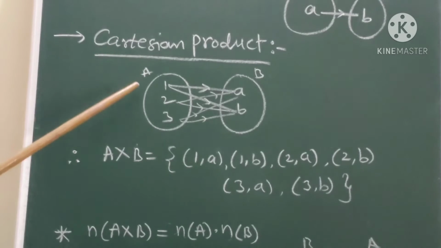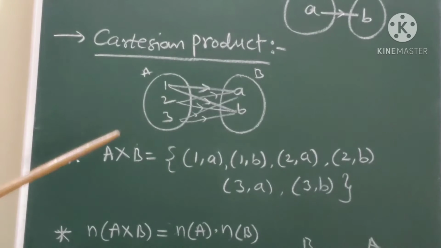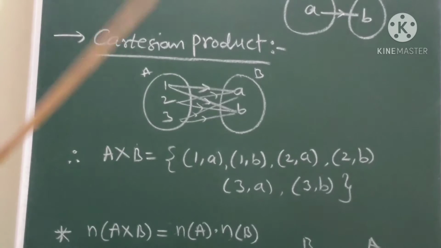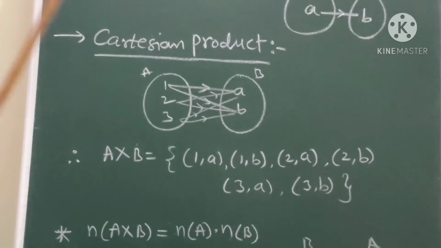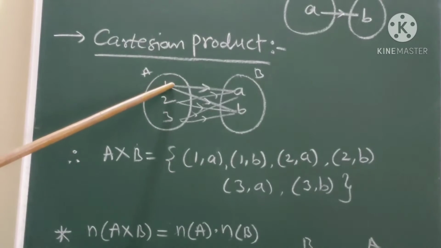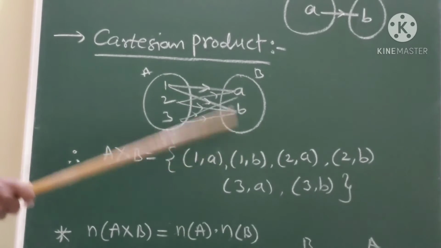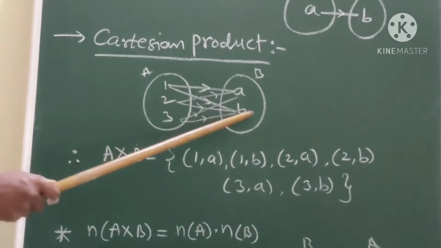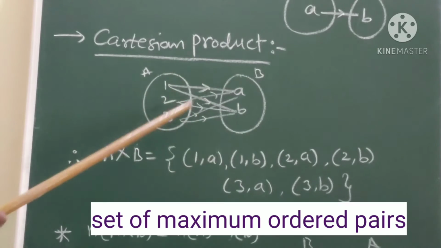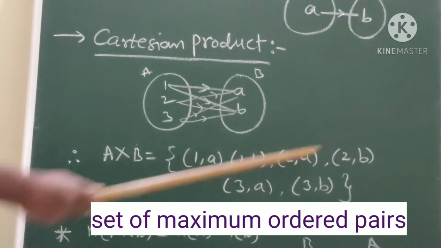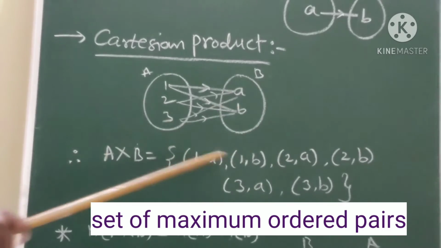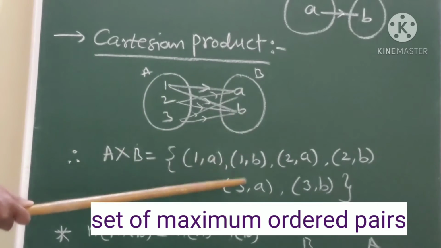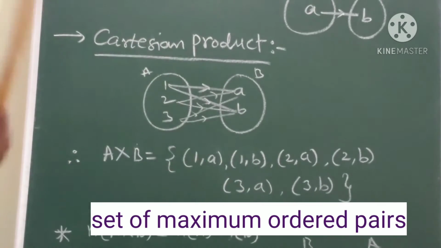The Cartesian product of A and B is denoted by A cross B, or we can say A by B. Here A cross B is equal to the set of first ordered pair (1, a), second ordered pair (1, b), next (2, a), (2, b), (3, a), (3, b). So these are the maximum possible ordered pairs. That means the set of maximum possible ordered pairs is known as the Cartesian product.